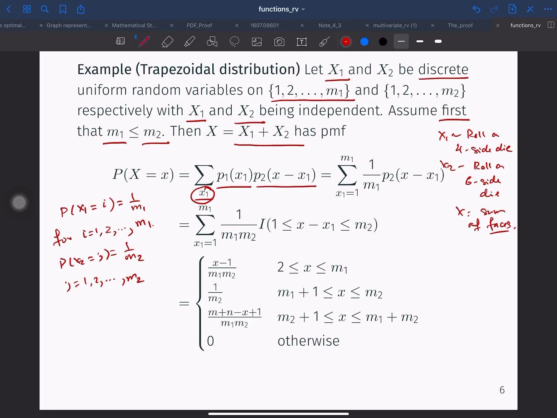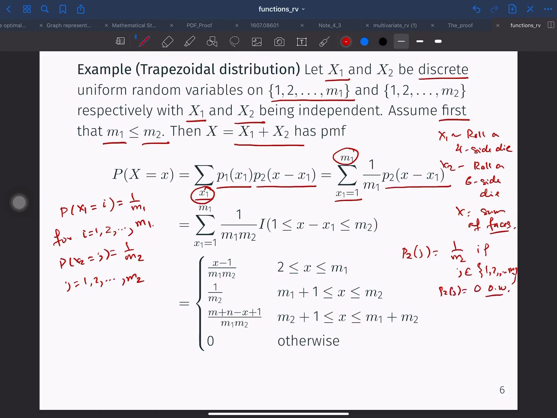So sum over x1 is easy. I just have to sum x1 from 1 up to m1. That's all the possible values in range. And then I look at P2 of x minus x1. But now I have to be careful. The reason is that P2(j) is equal to 1 over m2 if j is in 1, 2 up to m2, and P2(j) is equal to 0 otherwise.